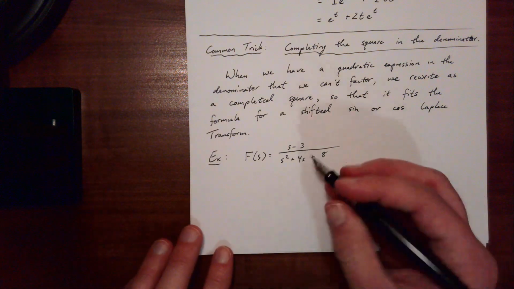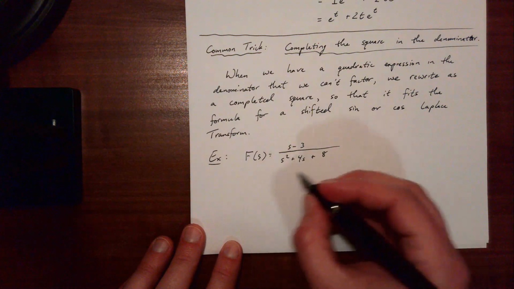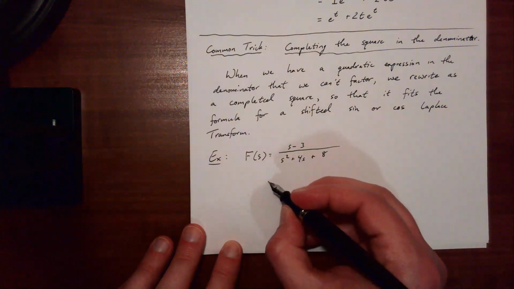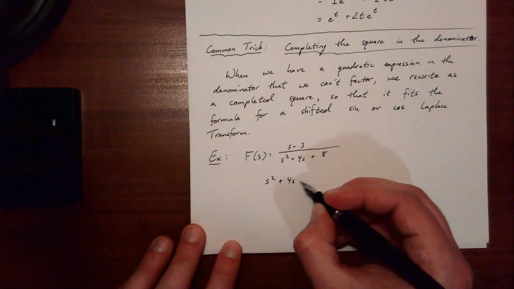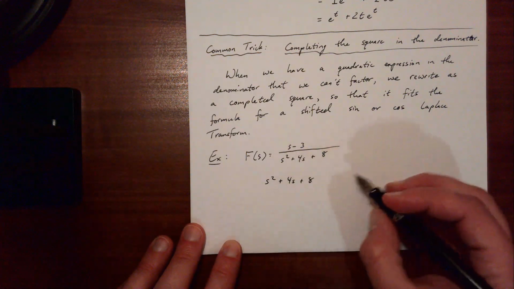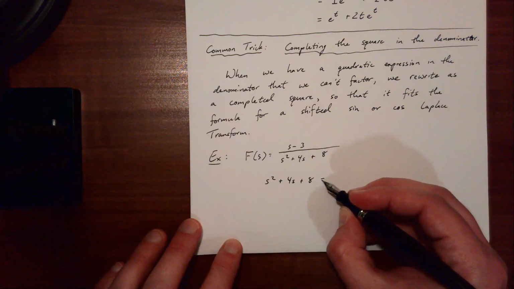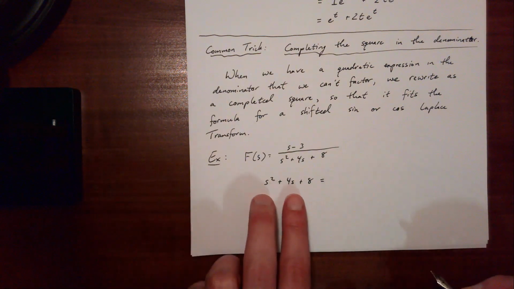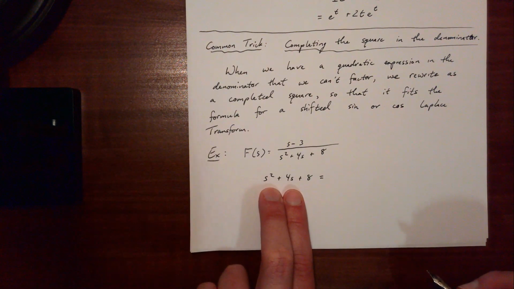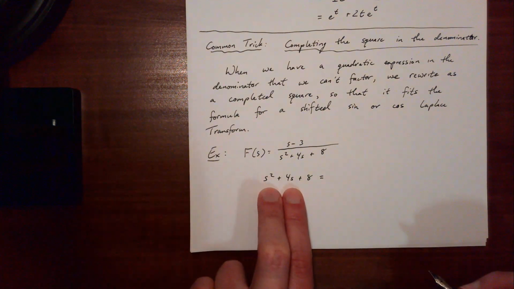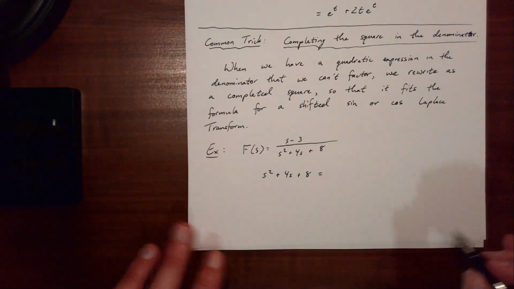But if we rewrite it as a completed square, and to remember how this works, so s squared plus 4s plus 8. Basically what you want to do is make the perfect square that would match the first two terms of this, and then add or subtract whatever was necessary to make it fit whatever you started with.